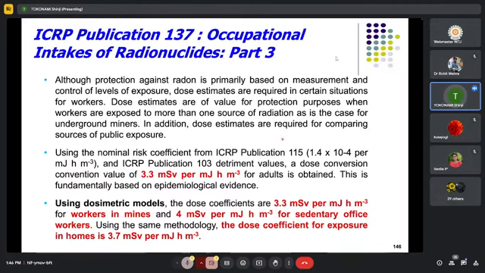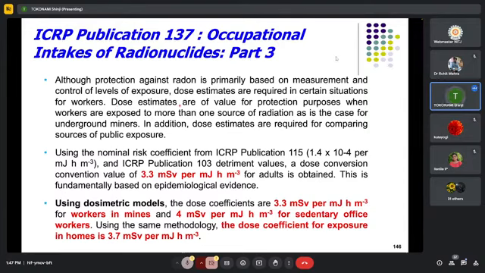ICRP Publication 137, Occupational Intakes of Radionuclides, Part 3. Although protection against radon is primarily based on measurement and control of levels of exposure, dose estimates are required in certain situations for workers.